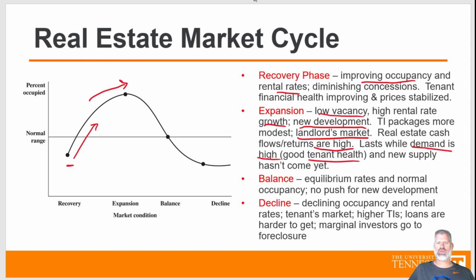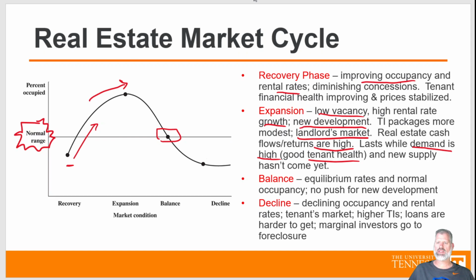Now, as we move further along this continuum and get down to this balance area, you can see that occupancy is right at the normal range, so we would call that an equilibrium arrangement. We would have normal rental rates and normal growth in rental rates, maybe just like inflation, not a great deal of change.